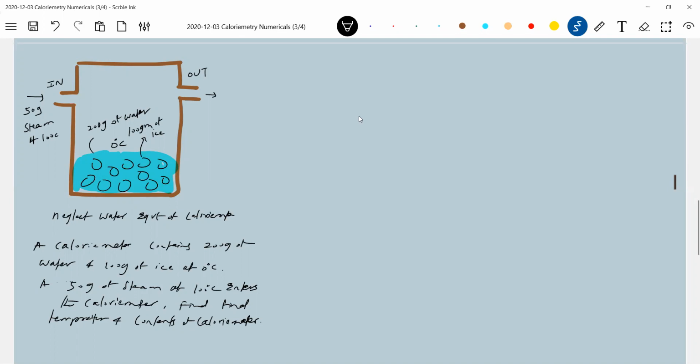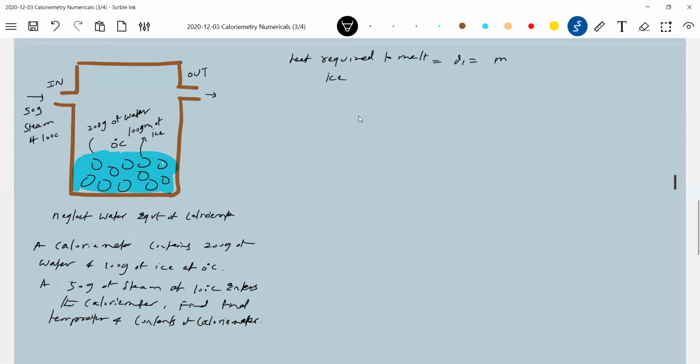Okay, what is actually happening? First, I think definitely we are very sure some ice should melt. So we'll begin our query like this. Q1, heat required to melt ice.